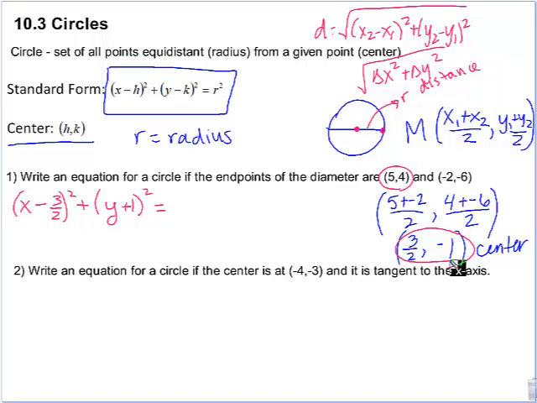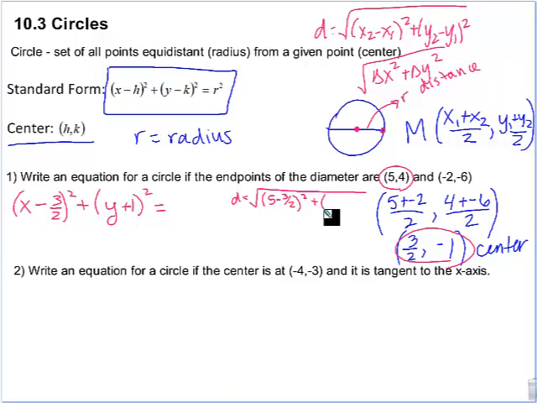Okay. Which formula would you guys prefer to use? The first one, the long drawn out one? Okay. So distance is x2 minus x1. So here we'd have 5 minus 3/2. We want to square that, plus y2 minus y1.